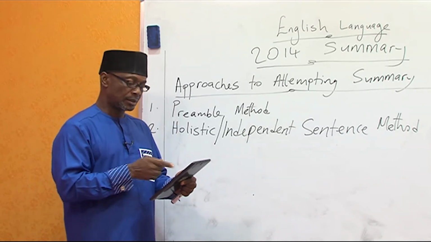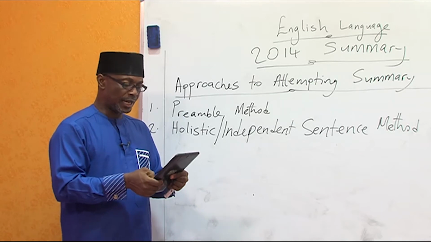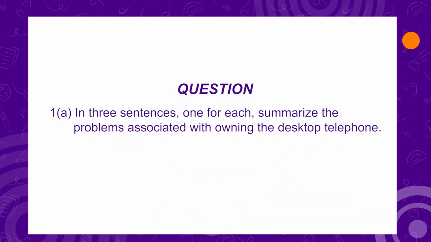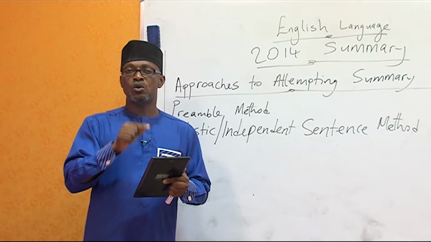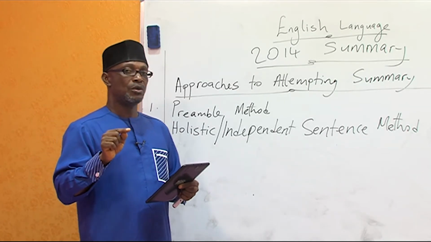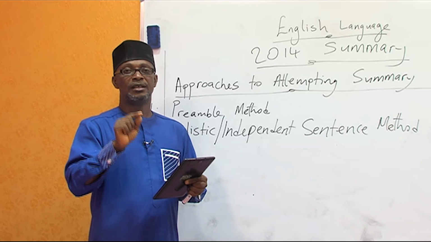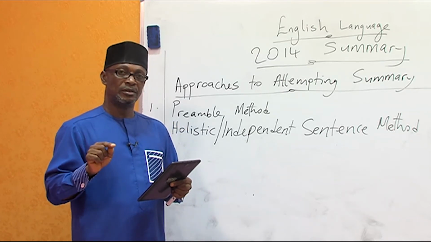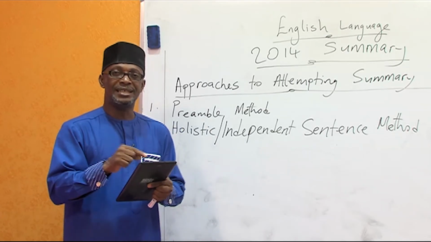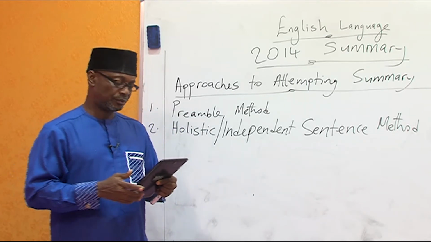For instance, the question before us is saying, in 3 sentences, one for each, summarize the problems associated with owning a desktop telephone. In your attempt to answer this, you must not shy away from the phrase desktop telephone. You must recall these words in your answer.